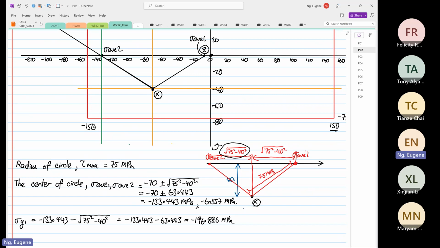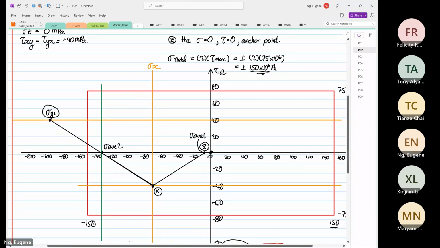And we know this is not a possible solution. And this is because stress yield is equal to what? Minus 150 megapascal. Right? So we just passed the stress yield. Okay. So we know that this is not possible.